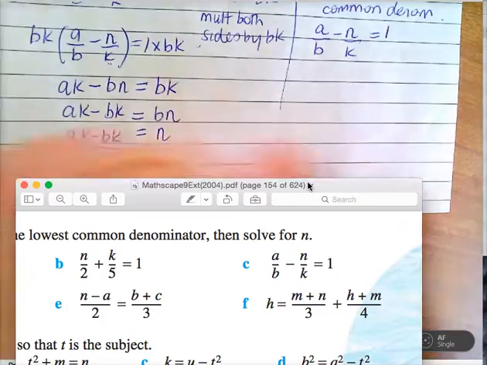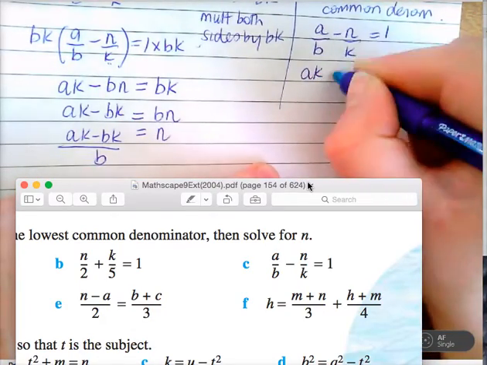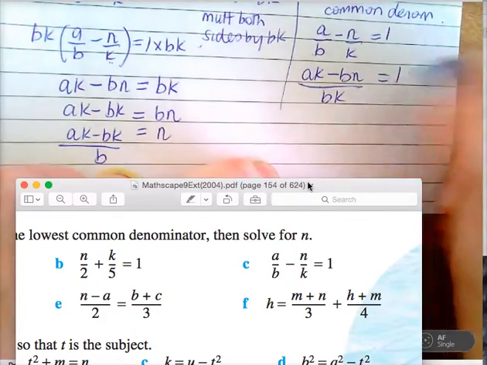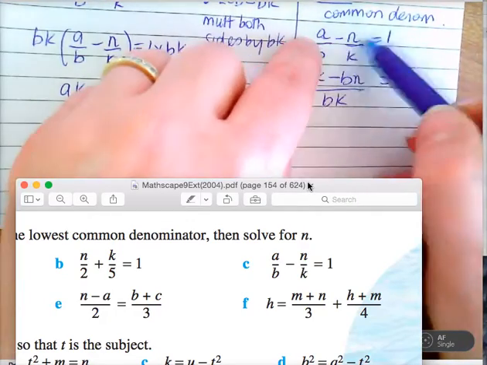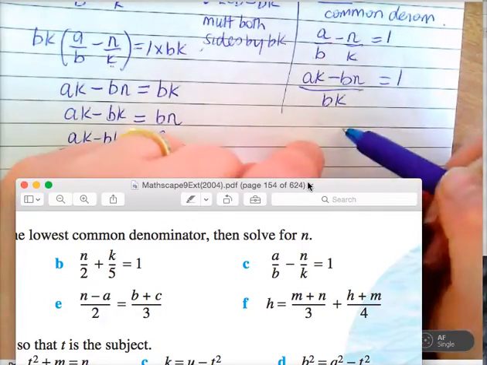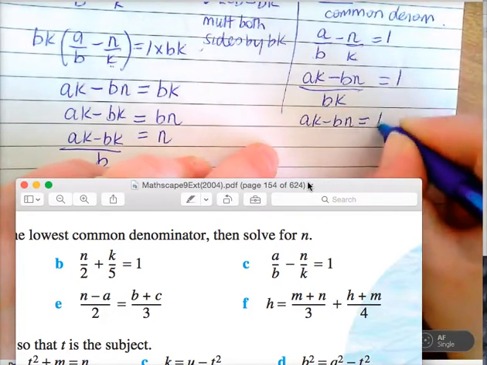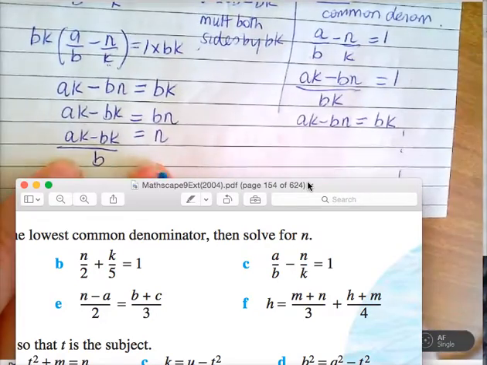Girls, the other method is common denominator: AK minus BN over BK is 1. Go common denominator on this side, two fractions making the denominator BK. Then take the BK to the other side and continue the same as that.